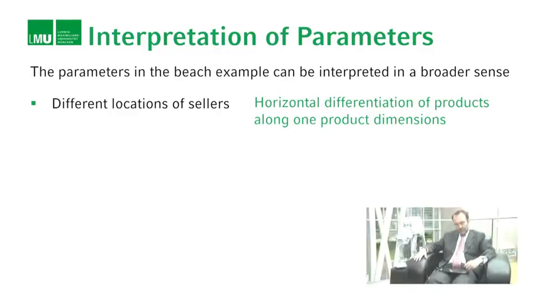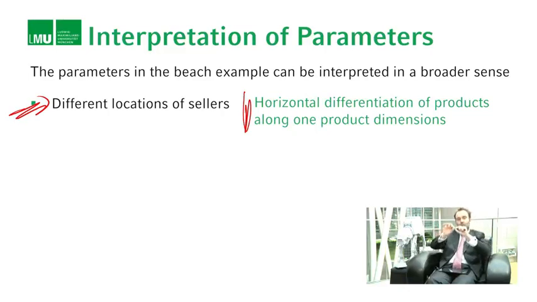So what, for example, might the different location of sellers mean? Well, if sellers are located at different places, then they're just horizontally differentiated along one product dimension. Could be all sorts of things. Could be color, could be departure time, could be anything like that.